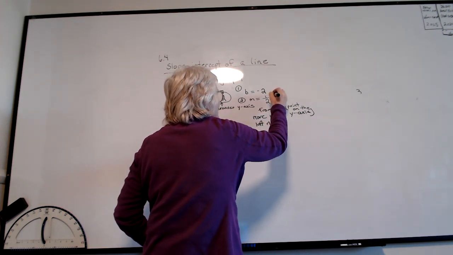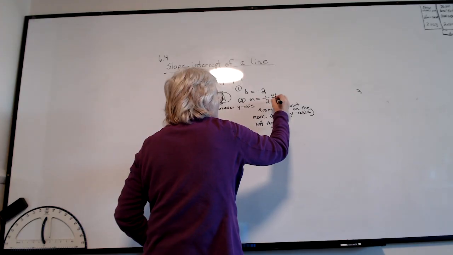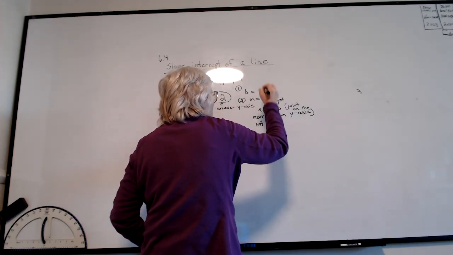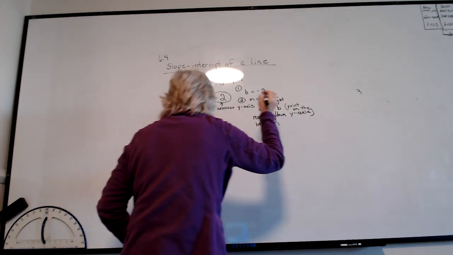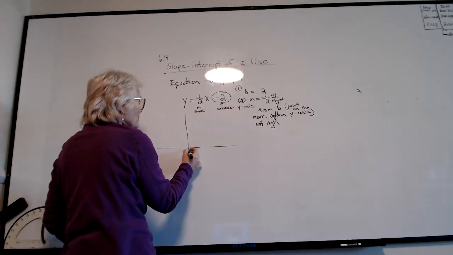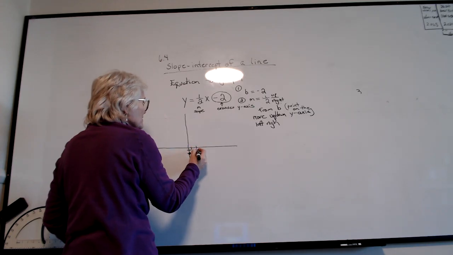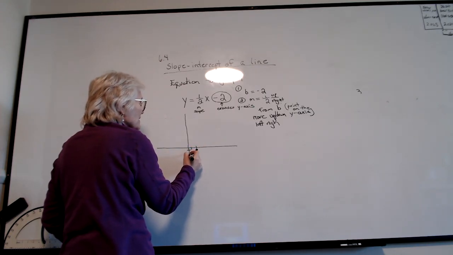In this case, we're going to go up 1 and to the right 2, because a positive 1 is up, a positive 2 is to the right. So we are going to go up 1, we are going to go across 2. That is my next point.